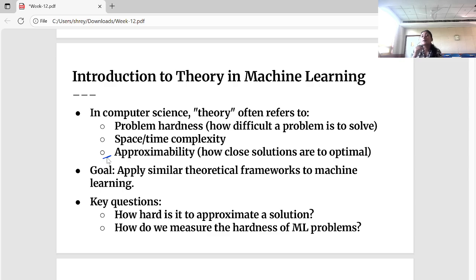Second is how do we measure this hardness of ML problems. Normally in computer science, if I ask you to develop a simple C or Python program to sort some n numbers, there are multiple ways. There are multiple algorithms for sorting as well.